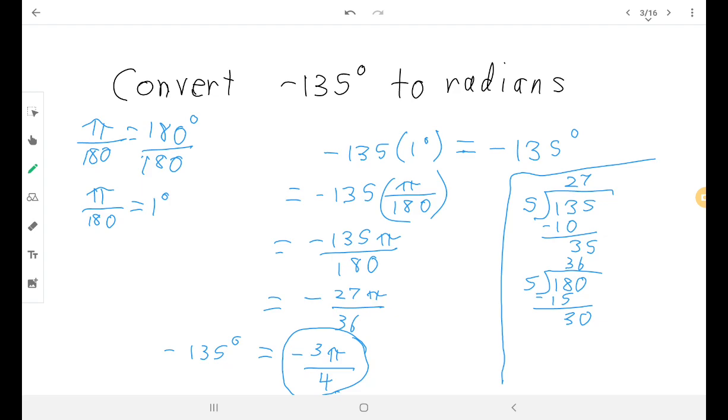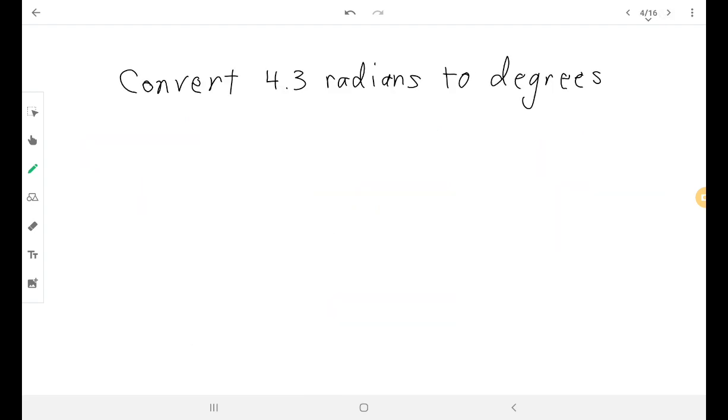All right. Let's look at the next problem. Convert 4.3 radians to degrees. So let's go back. We'll say again, pi radians equals 180 degrees. And this time, it's like having 4.3 times 1 radian.